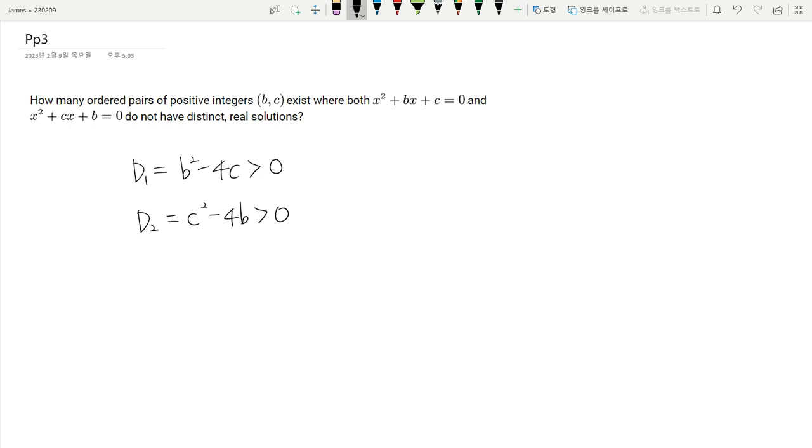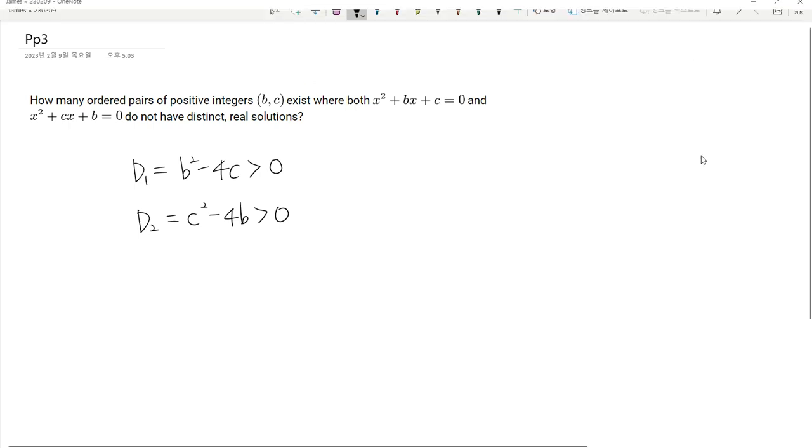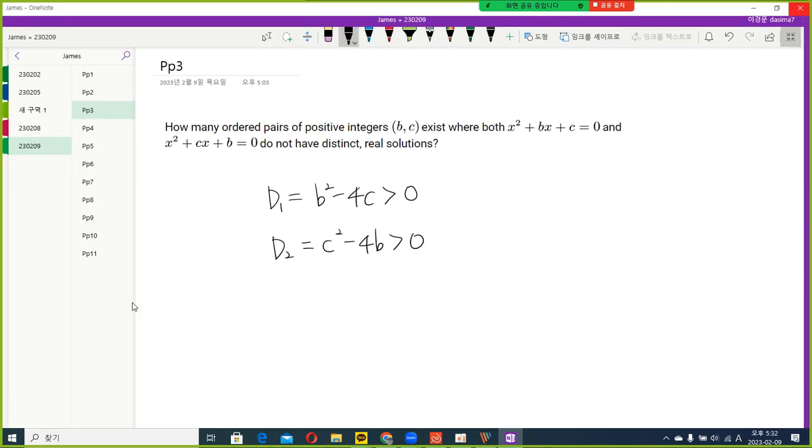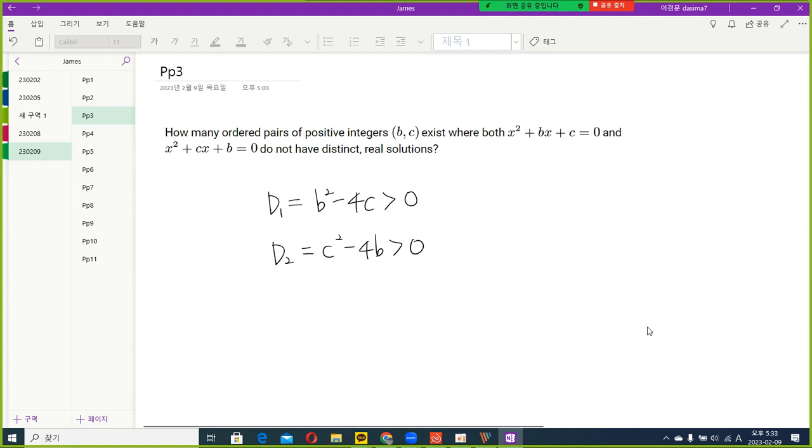Although the calculator cannot be used in AMC, let's just use it for this class to make things look clear.